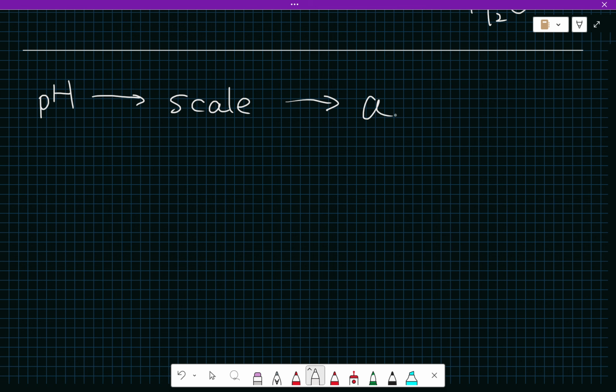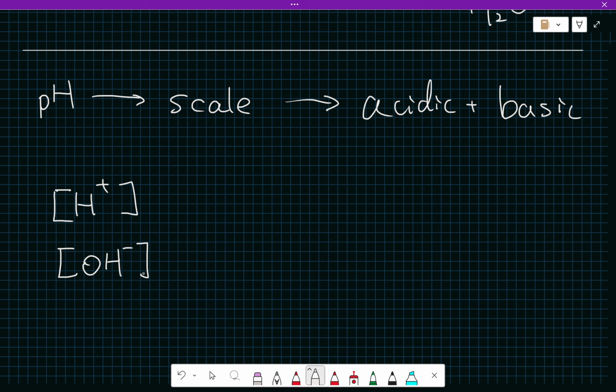For acids and bases, we're actually trying to measure the concentration of the hydrogen ion. For pH, we're measuring the concentration of hydrogen ion in a particular acidic solution or a basic solution.